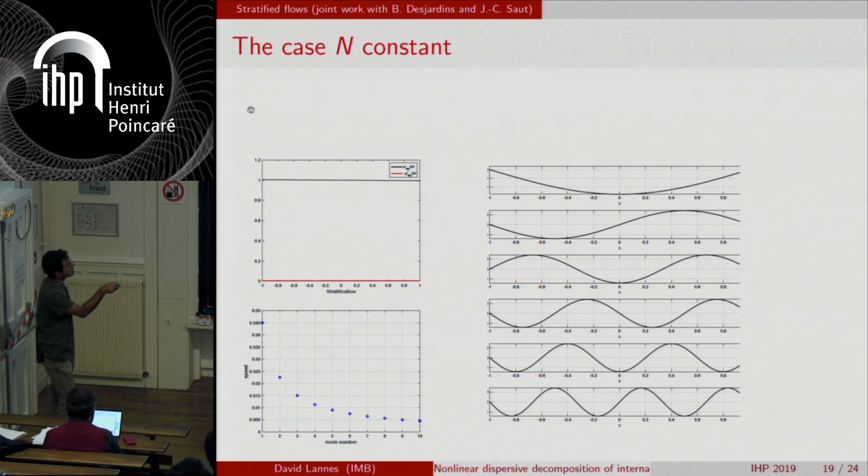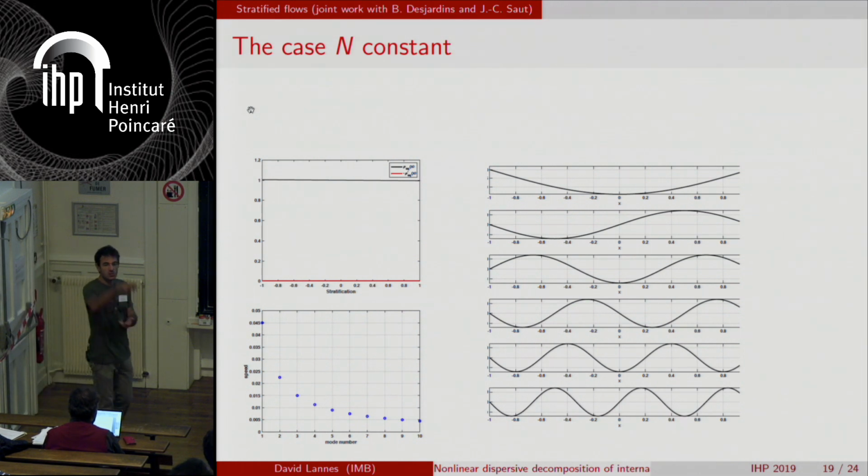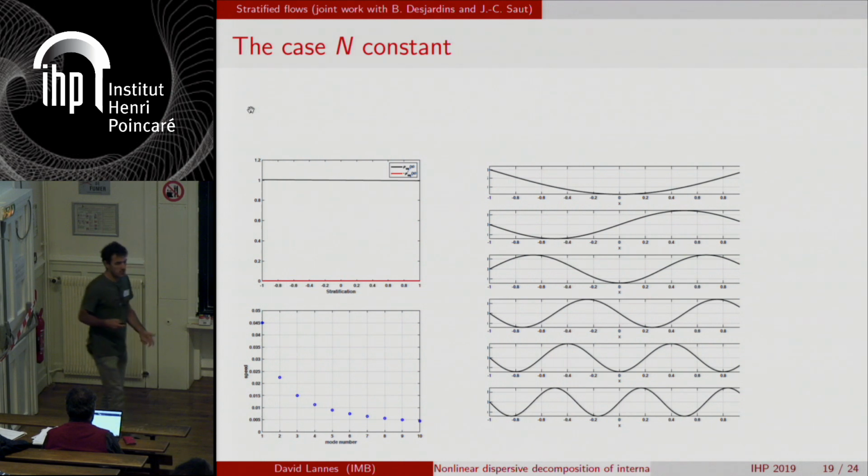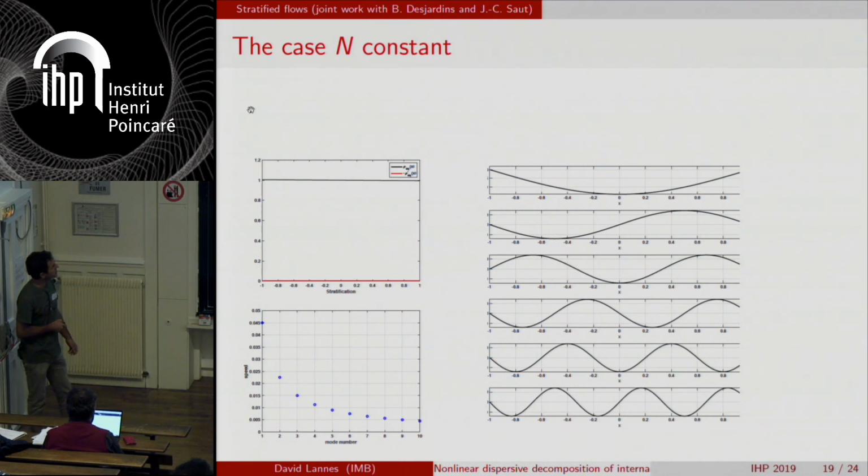And these are the corresponding eigenfunctions for the Sturm-Liouville decomposition. So you will decompose your stratification into functions like this. And of course, for constant stratification, these functions are sines and cosines. So you are just doing a Fourier decomposition of your vertical stratification, and then finding equations for the coefficients of this Fourier decomposition, like when you do a Fourier expansion to solve the heat equation, for instance.